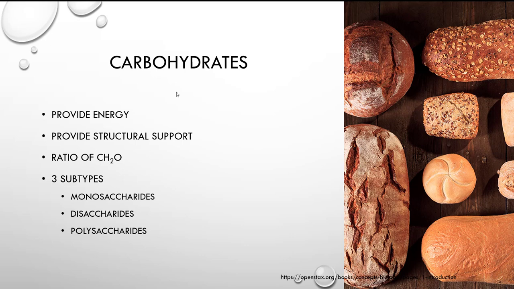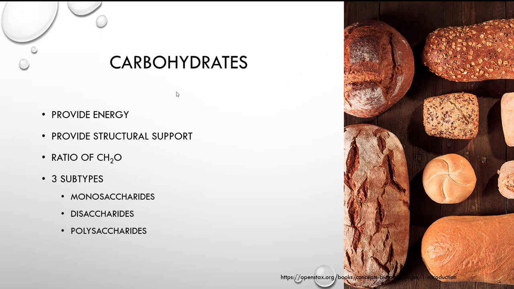Now, as far as the carbohydrate molecule, the monomer, and we'll talk about the monomer in just a second, follows a ratio of 1 carbon to 2 hydrogens to 1 oxygen. When we talk about the different subunits of carbohydrates, they all have this same ratio.